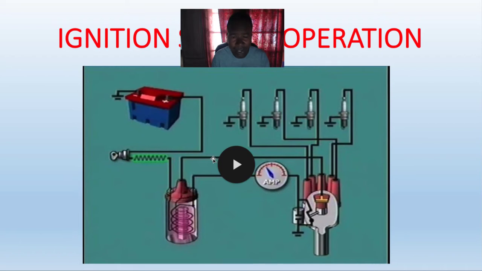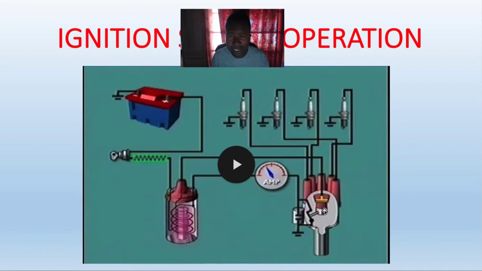So what happens is that buildup in the magnetic field in the primary circuit collapses. It's going to cut across the secondary windings. You've got other windings inside here. It cuts across the secondary windings and comes out the center of this coil to the distributor.